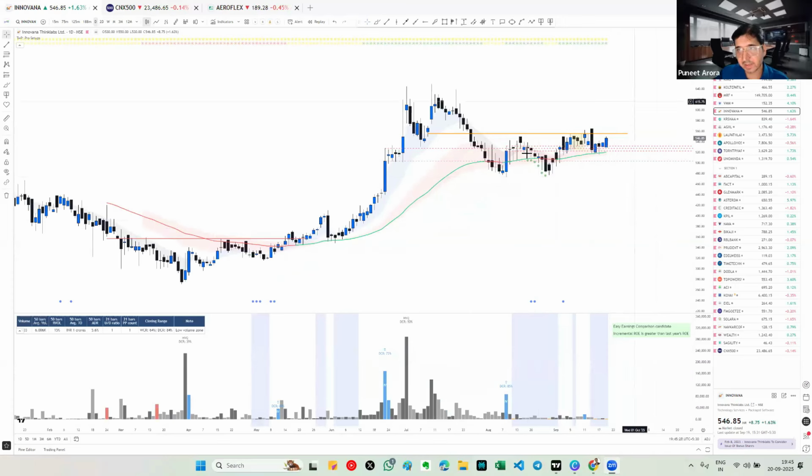See, since these are the setups which you can hold for a medium to longer term, I would prefer to at least know the company. After finding these setups, I will go back and see if there is any catalyst in the company, how good the company is doing, how strong a company like Usha Martin or Yatharth Hospitals is. If I've studied about them, I will be more confident in holding them for a medium to long term.